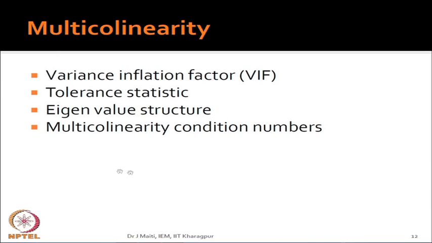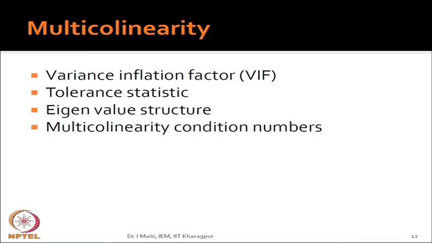So multicollinearity has to be tested, and it can be tested through 4 different procedures, known as variance inflation factor, tolerance statistics, eigenvalue structure and multicollinearity condition number.